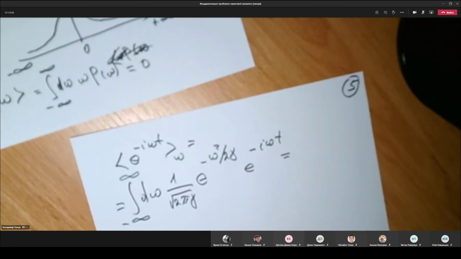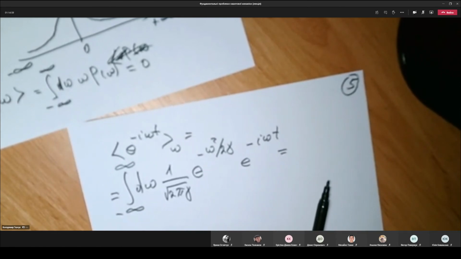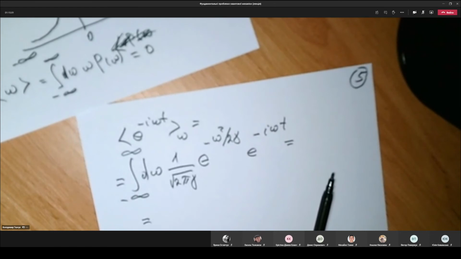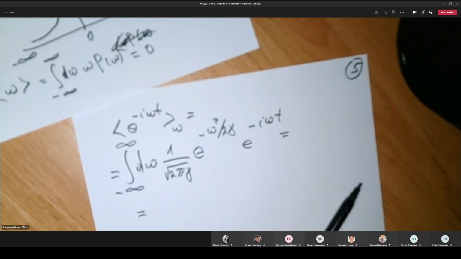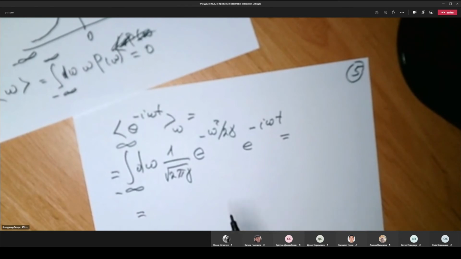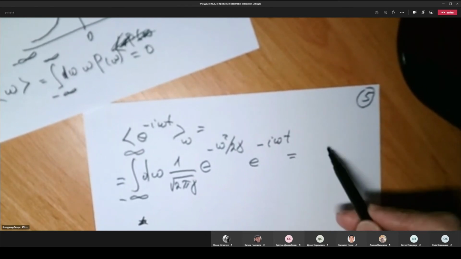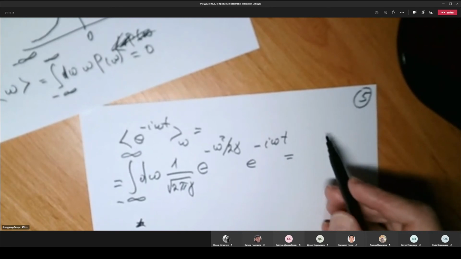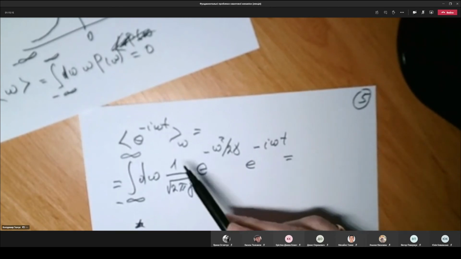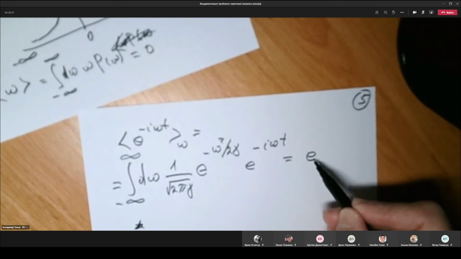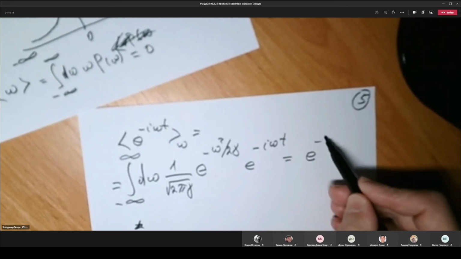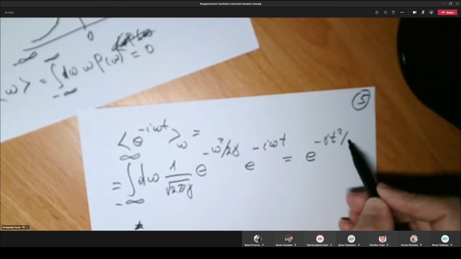It is a Gaussian integral, which you know how to calculate, or maybe you remember the result. I write the result which we obtain here. So after integration, we obtain exponent of minus gamma t squared divided by 2.